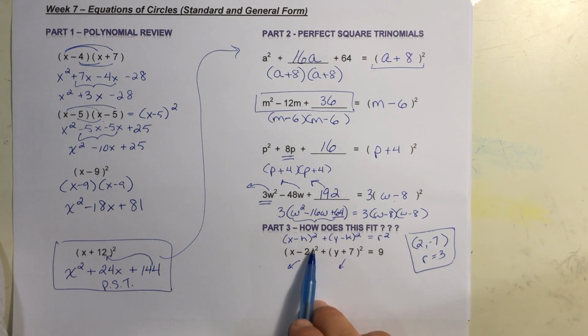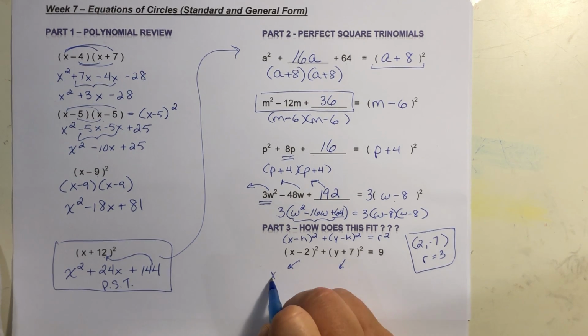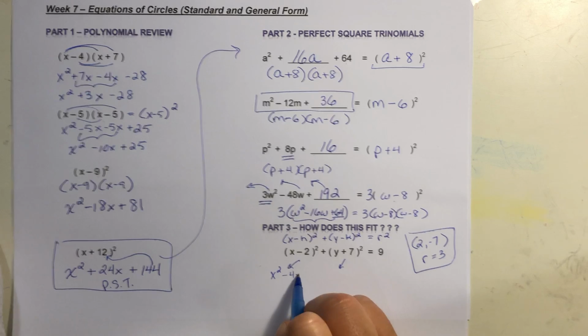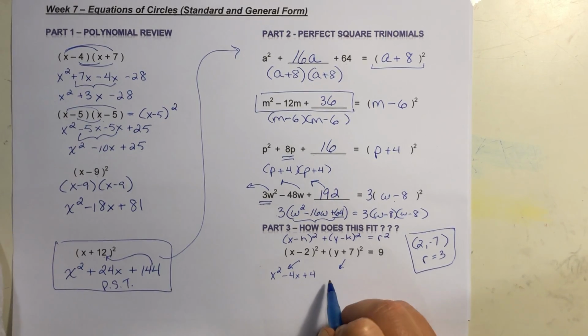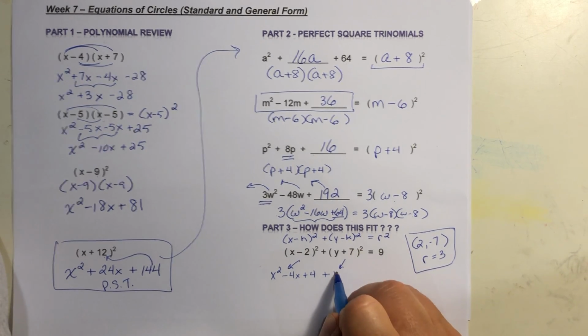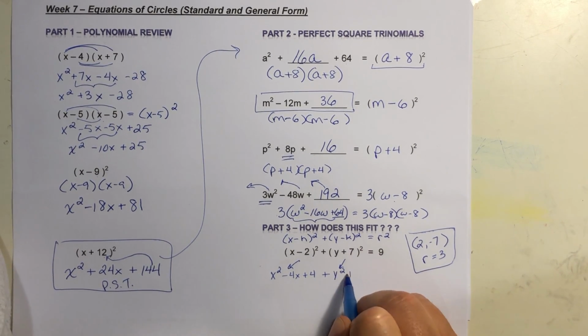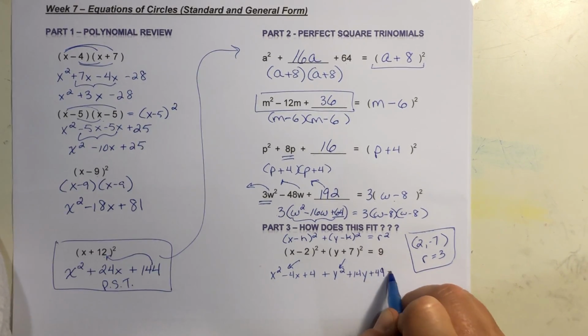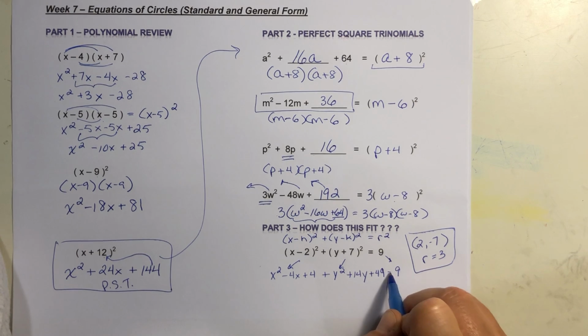That's this x part here. So I'm going to expand this. I'm going to write this as x squared. Now remember, double the number, square the number. Okay? Now I'm going to do the same thing for y plus 7 quantity squared. I'm going to have y squared, double the number, square the number. And I'm going to bring down my 9, equals 9.